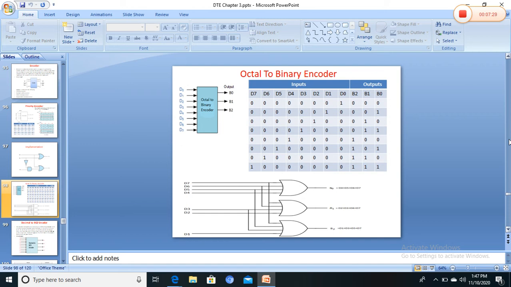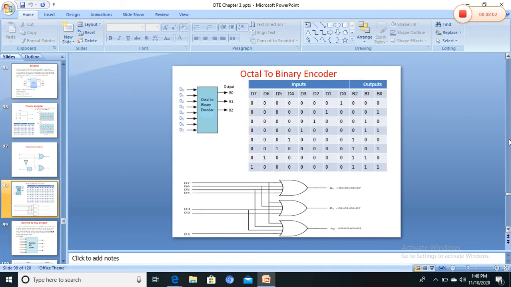For selecting B0, we consider where the output is 1, and that input line is considered. The output is written in the form B2, B1, B0, and from these outputs we design the equations.